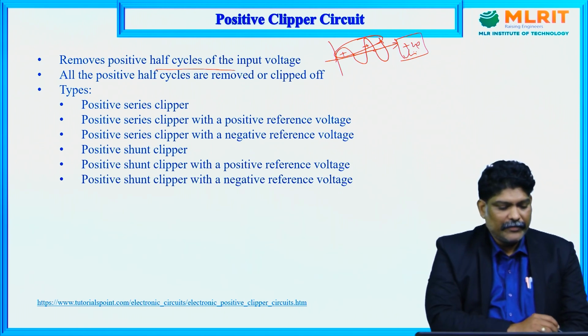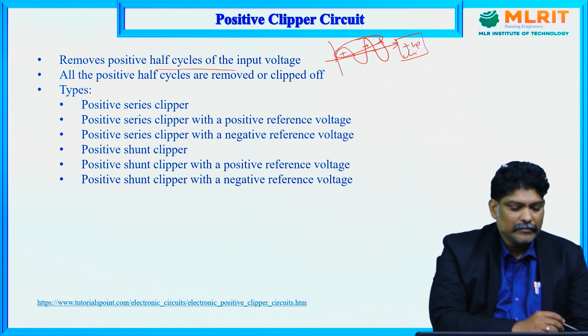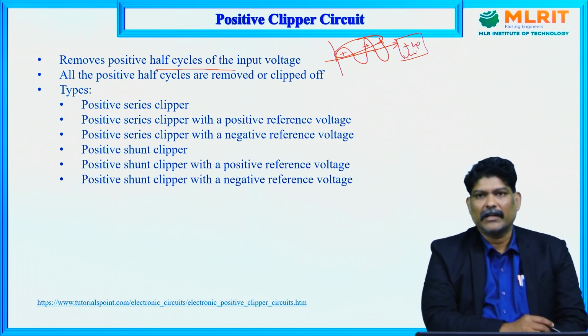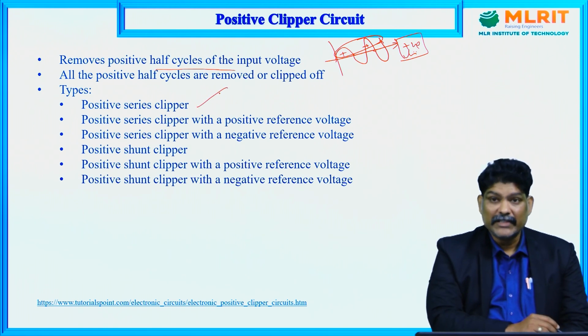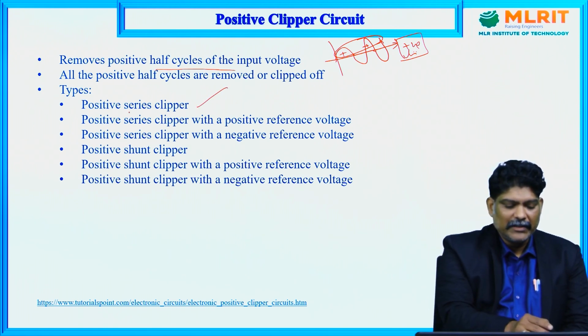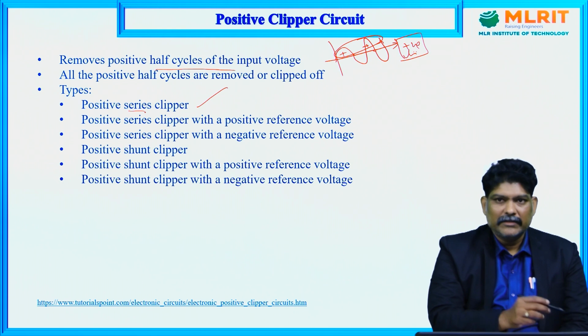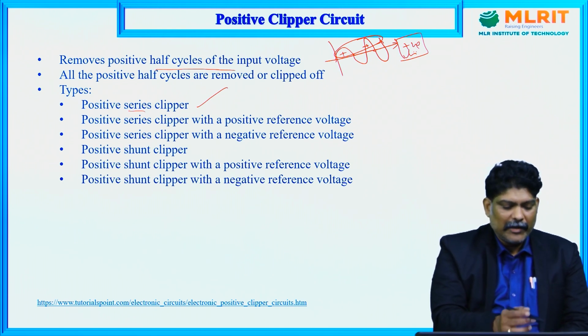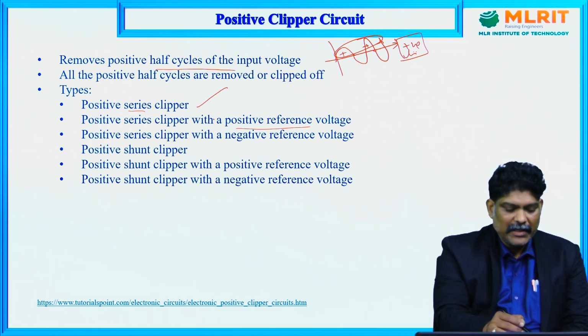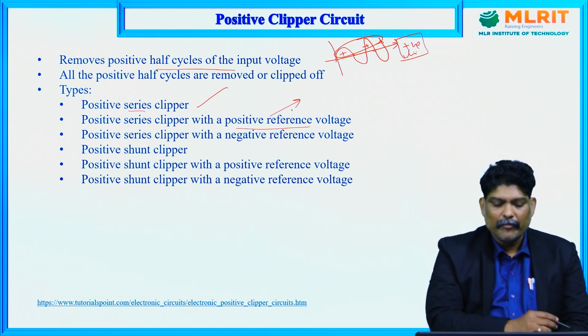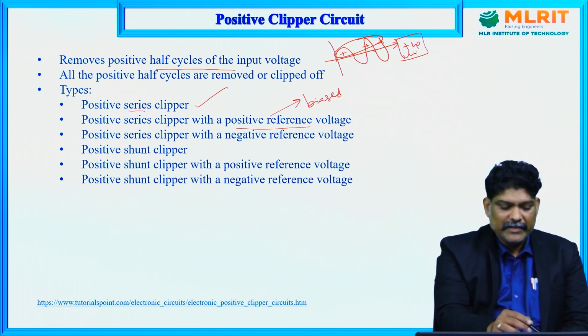If you consider the positive clipper circuit, there are different types of positive clippers. Positive series clipper: if the diode is connected in series to the input, then it is called a positive series clipper. Then positive series clipper with positive reference voltage. If you apply a positive reference voltage, this is a biased clipper, and the first one is an unbiased clipper.